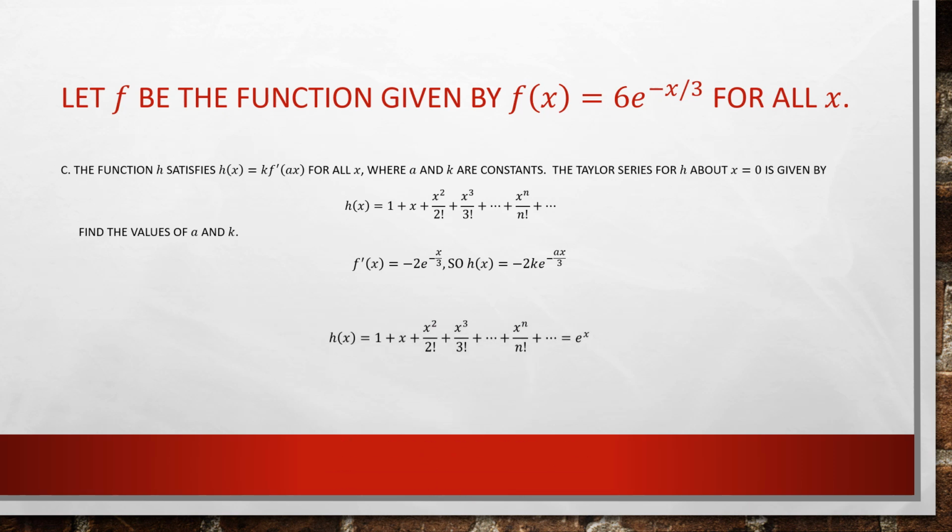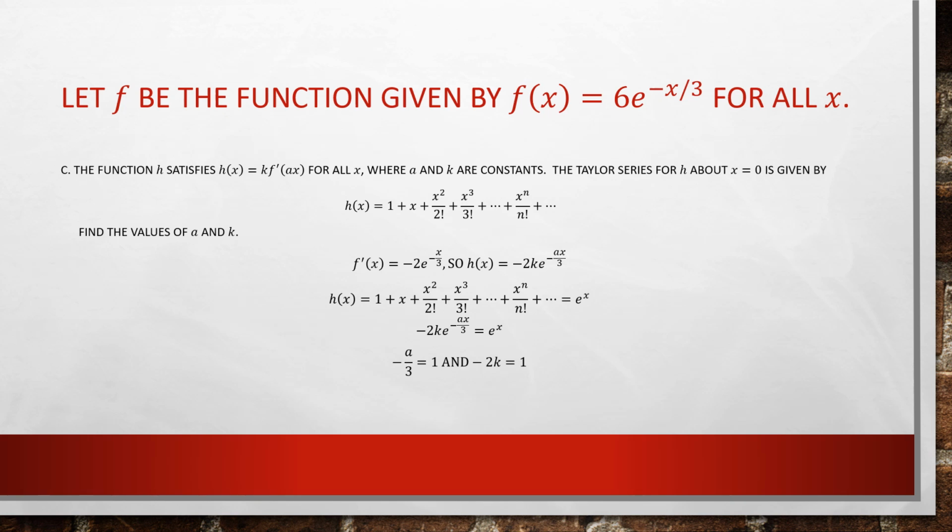All right, and then I also noticed that the h that they gave me is really just the series for e to the x. So since I have an equation for h, and I know h is really just e to the x, I could set those two things equal to each other. And then from there, I did kind of like a matchy thing. So the exponent on the e on the left has to equal the exponent on the right. So that means the negative a over 3 x has to equal x, or negative a over 3 has to equal 1.